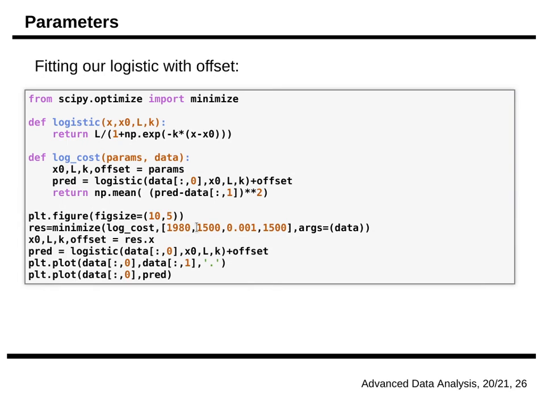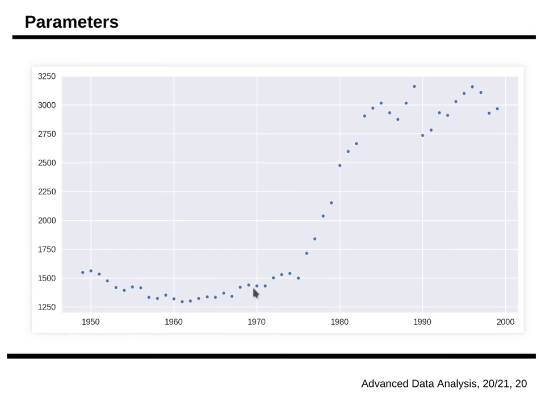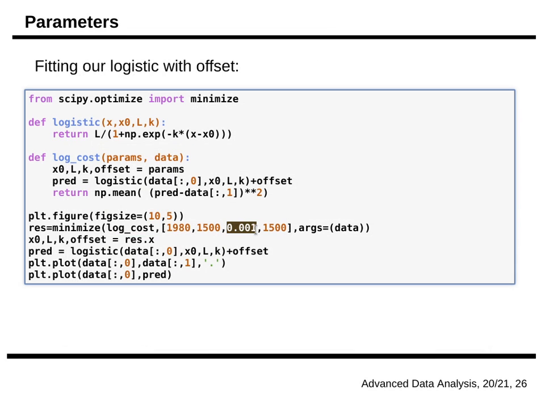Then we have this parameter L. It's the difference between the low and upper value. So this is about 1500 trillion BTUs. This is the offset. It's the origin here, so it's around 1500 also. And then we can just put a small value for the K. I have no idea just by looking what the K parameter would be, but we start with a small value and let the algorithm minimize.